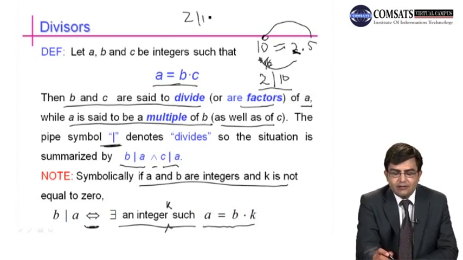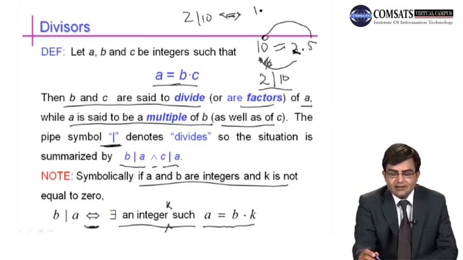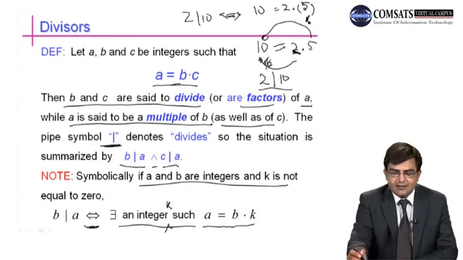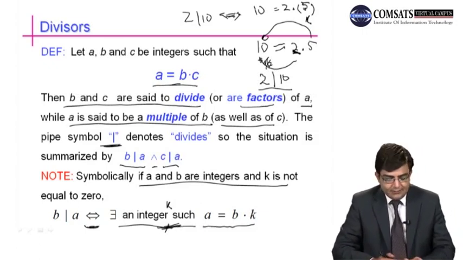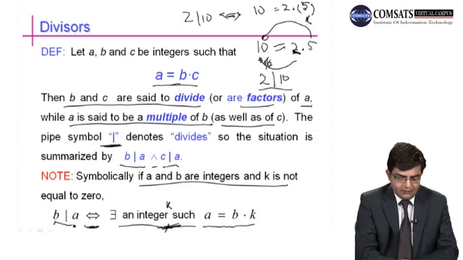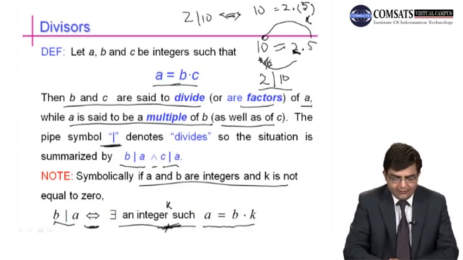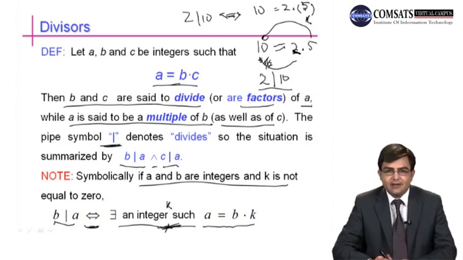If we write 2 divides 10, then, if and only if, there exists some integer such that 10 can be written as 2 into what? Here 5. So 5 is that integer K in this definition. So we say that B divides A if and only if there exists some integer K such that A can be written as B into K.